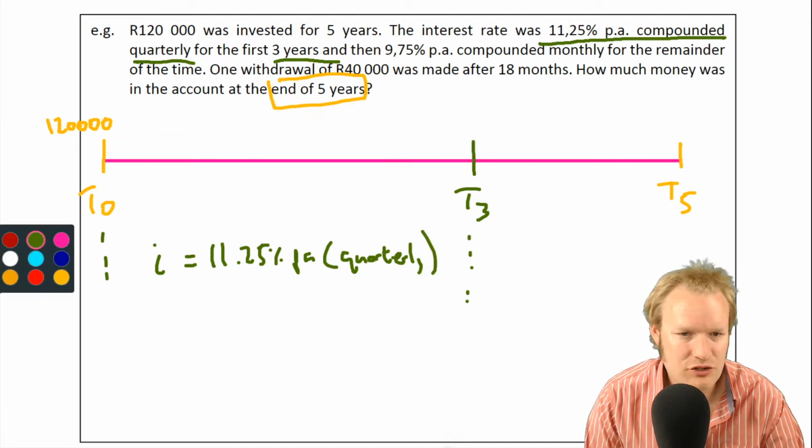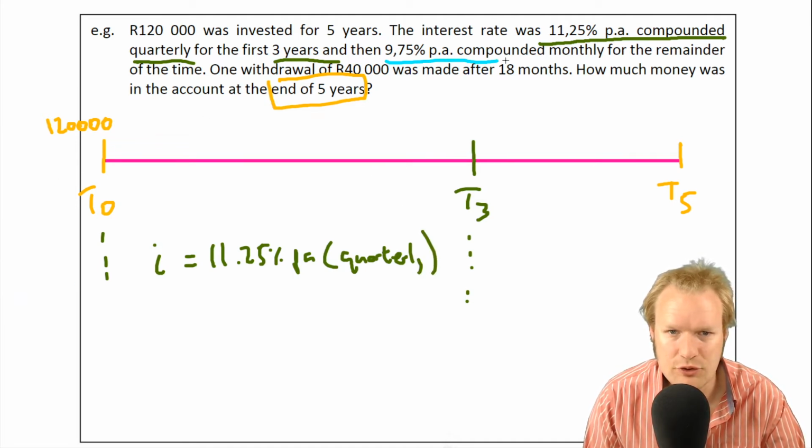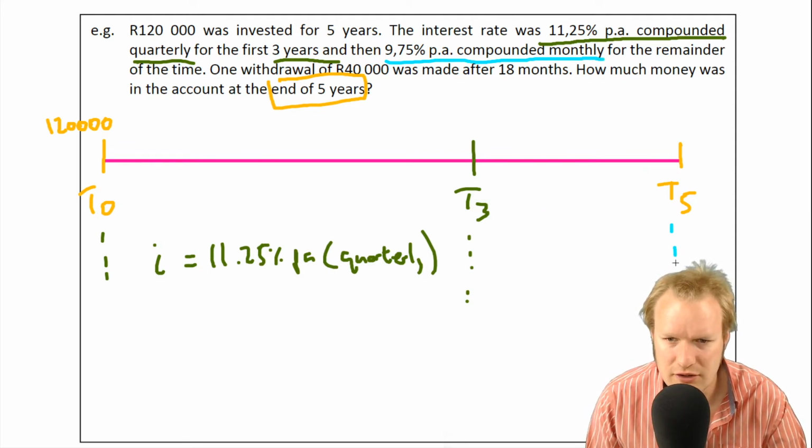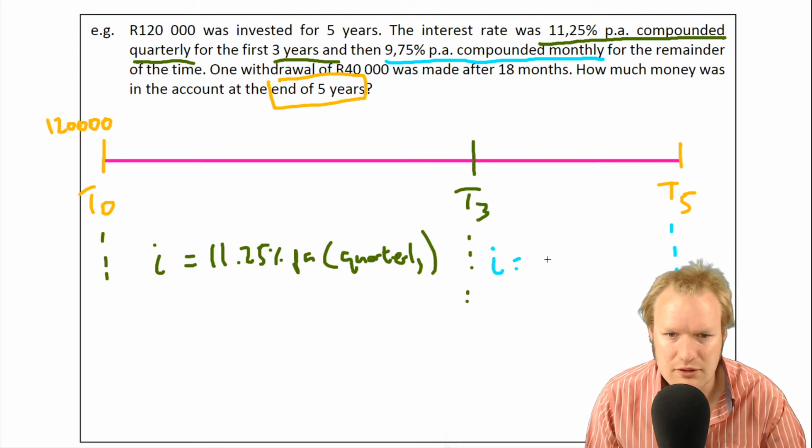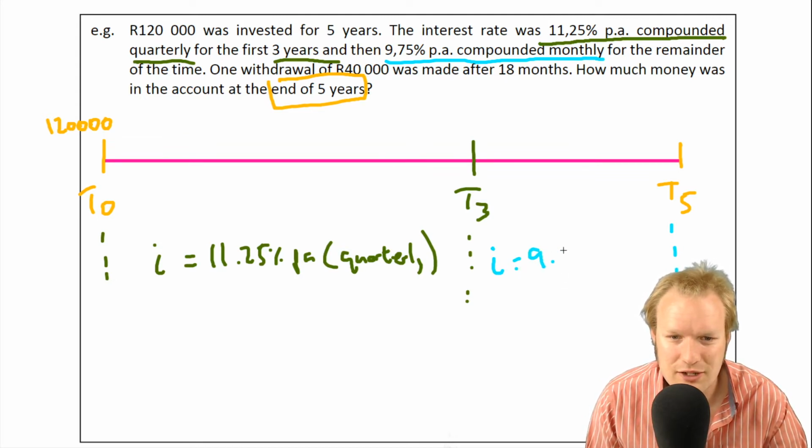Okay, then it changes to 9.75% compounded monthly. So until the end, I equals, I'm already wanting to change it to a decimal, 9.75% per annum, and that's going to be monthly. So already we're thinking of that over 12 for the remainder.